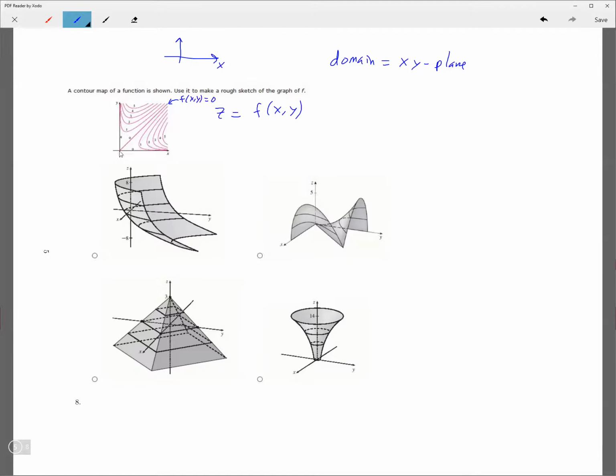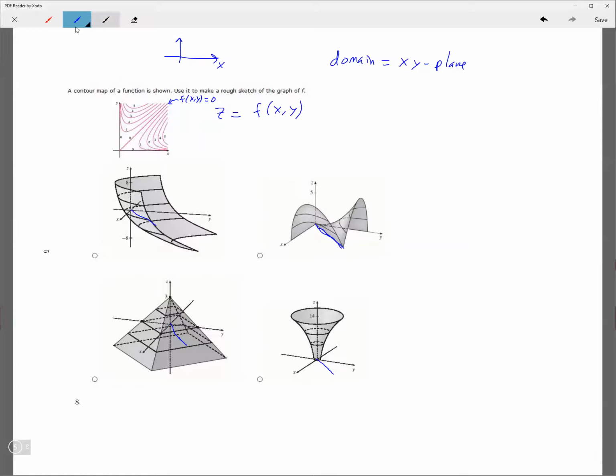So everywhere along that line, as you come straight out, the graph is going to be 0. And it's only this function that does that, because this one is kind of going down like that, this one is just going up, and this one, as you come out here, is just coming down. But along this line, you're at 0.